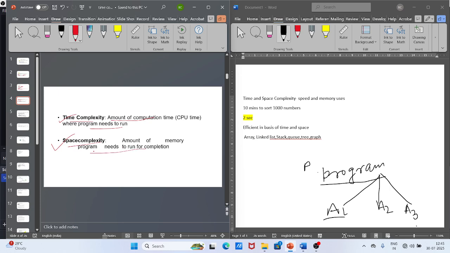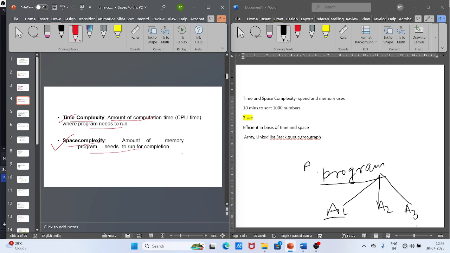Now for example, when you search for a contact in your phone, it may use an efficient search algorithm to quickly find the name. If it searched each name one by one, it would take too long. And if it loaded all contact pictures and details into memory first, it would use a lot of space.